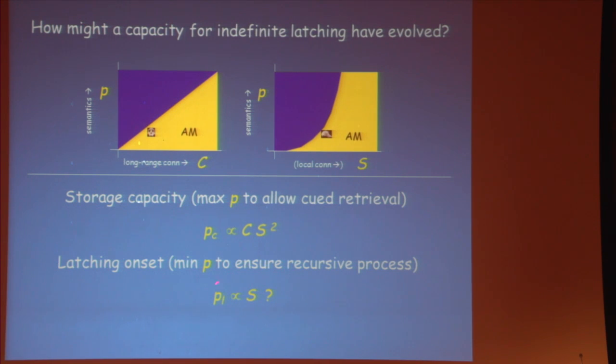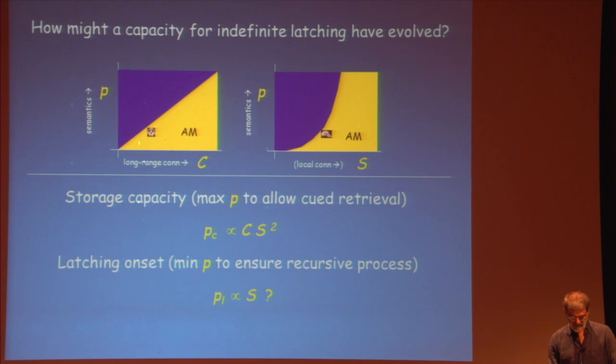The number of memories has to be high enough that the memories are close to each other for latching to proceed. It's difficult to estimate this critical value, PL, but you can follow the hypothesis that this is a number that does not depend on the long-range connectivity, and it's linear in S, which is something that we get from simulations.